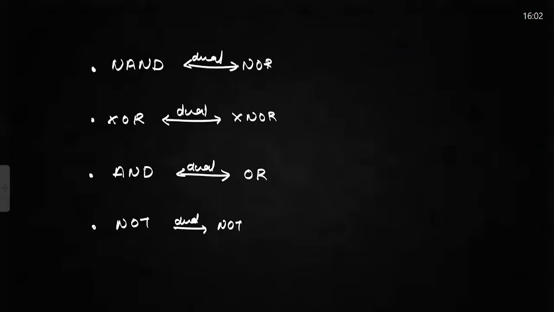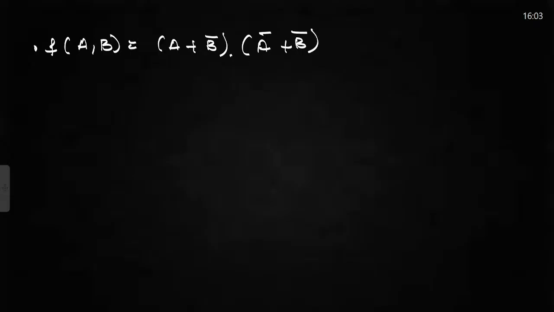Now we will solve one problem and understand that. Here f of ab I am giving as (a plus b bar) into (a bar plus b bar). Then find fd, the dual of the function, and the complement of the function.